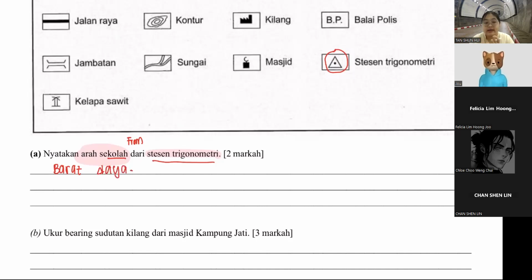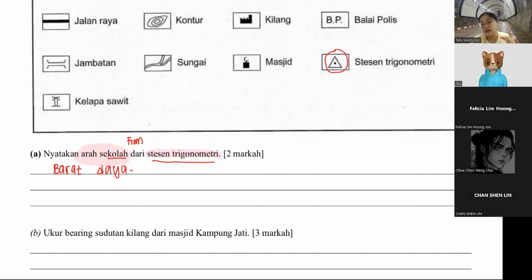Of course, maybe some of your school teachers will tell you they want a full answer. How are you gonna write a full answer? If you're gonna write exactly the whole sentence, you can say arah sekolah dari stesen trigonometry ialah barat daya. Also can, okay? Understand? Now, this is one of the examples normally in exam, how they're gonna ask it.